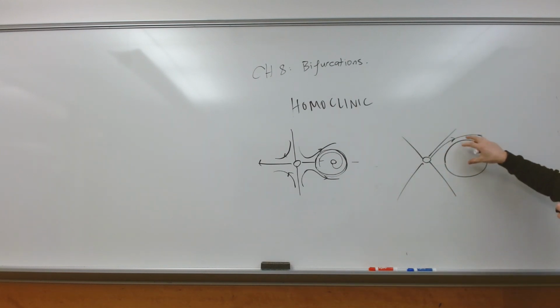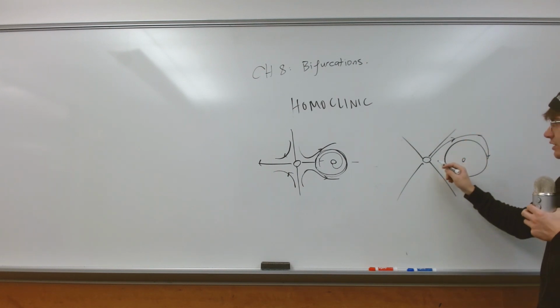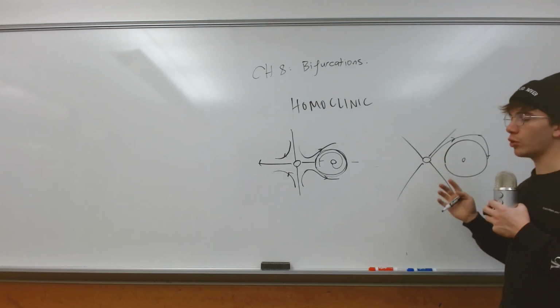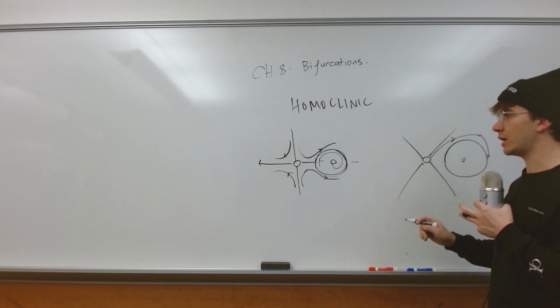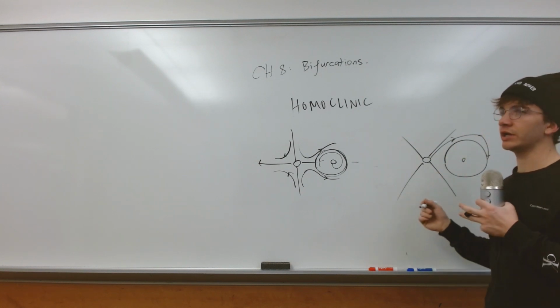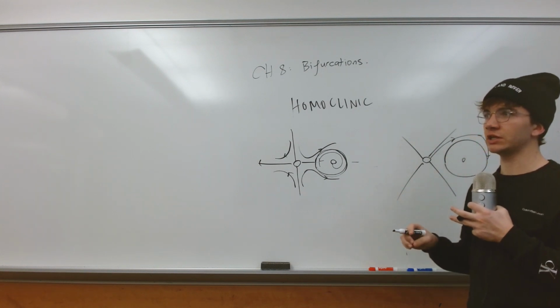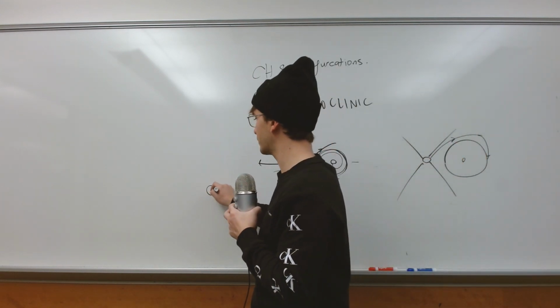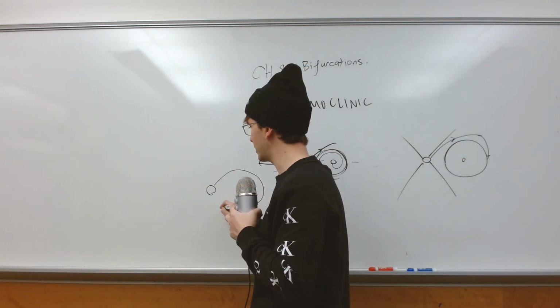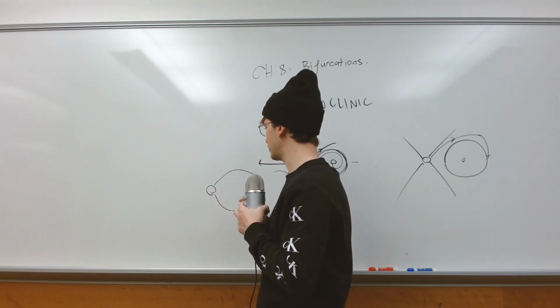Then essentially, as this limit cycle grows and grows, eventually the limit cycle is going to morph into the saddle here and become a homoclinic orbit, okay, which is essentially where the unstable manifold of the saddle connects into the stable manifold of the saddle, okay?